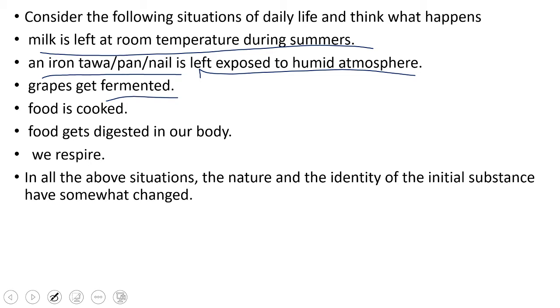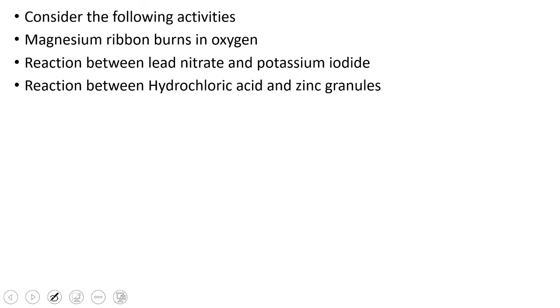Fermented means they get spoiled. And food is cooked; before cooking it is raw food, and after cooking it can be eaten, and food gets digested in our body. We respire, taking in oxygen, and you already know from ninth class about cellular respiration, where oxygen is utilized in the breakdown of glucose to produce energy. That is, we respire, right?